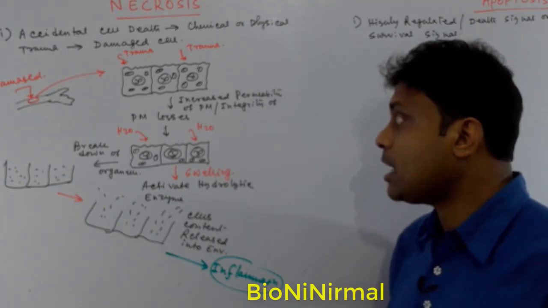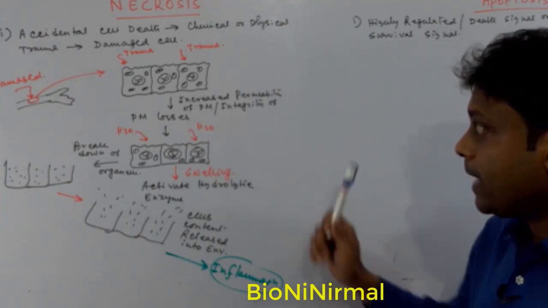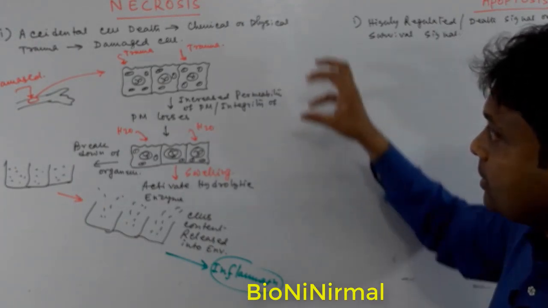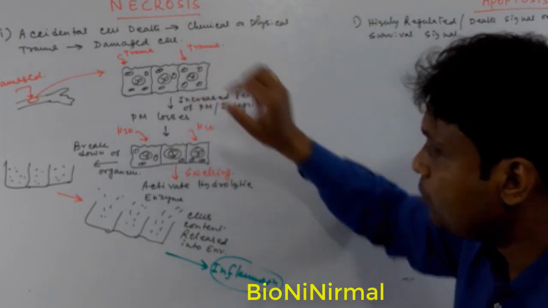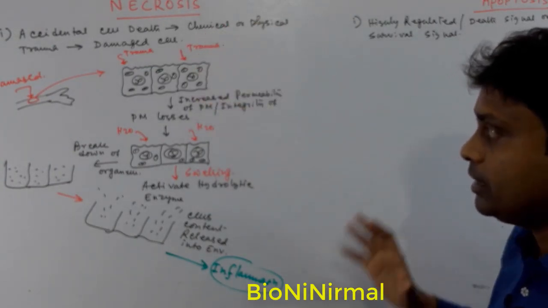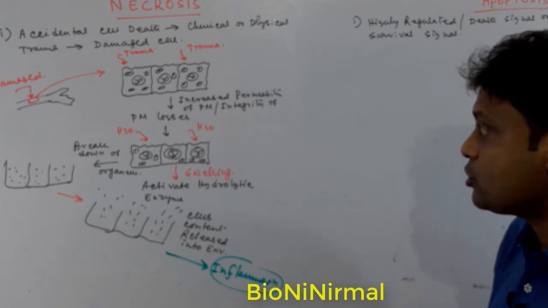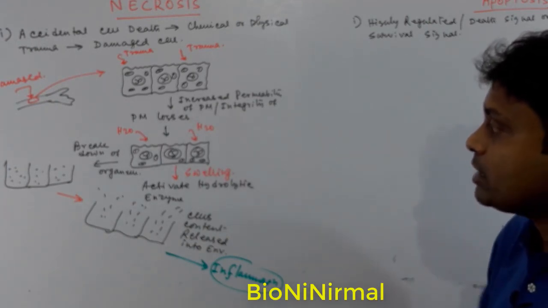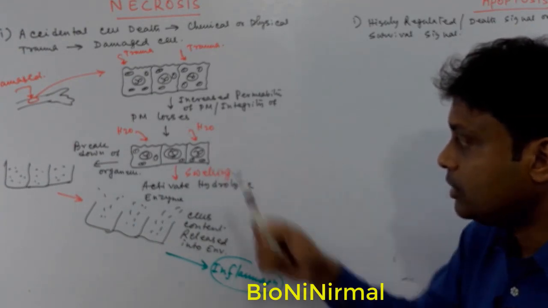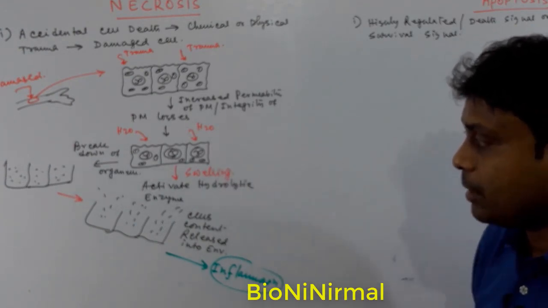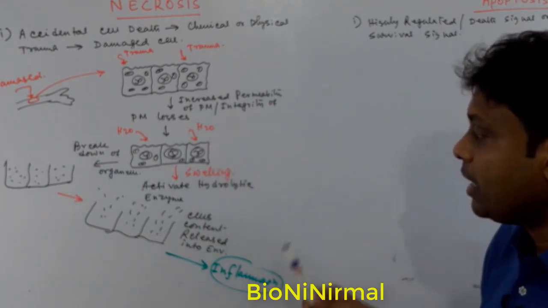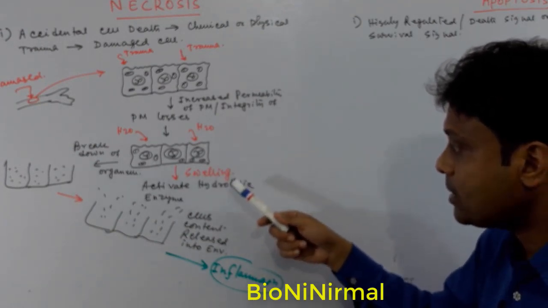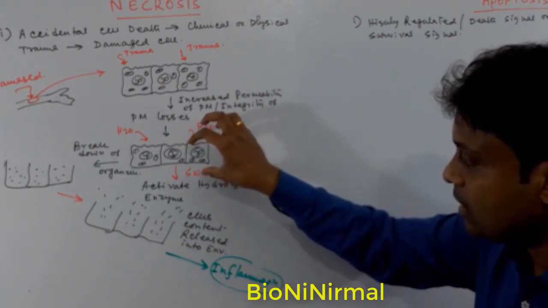So during necrosis, accidental cell death occurs. When a trauma is imposed on the cell or on a region of our body, the plasma membrane loses its integrity, so water enters into the cells in these damaged regions, and swelling of the cells is seen.